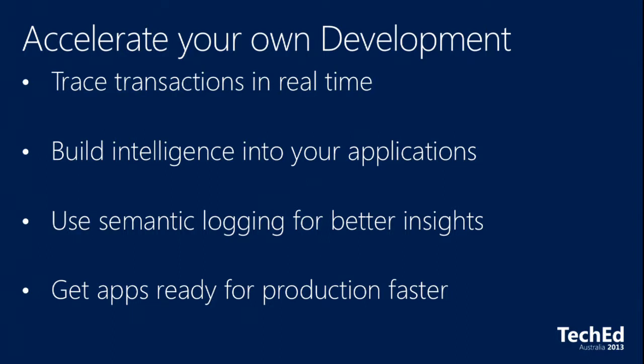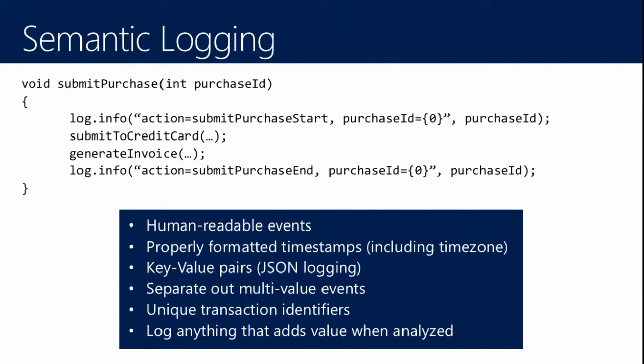I am going to give you one tip that I wish every developer would take away, which is use semantic logging. Because the reality is with today's systems, developers are not the only people that look at development logs. IT operations, marketing, sales, they all look at logs as well.